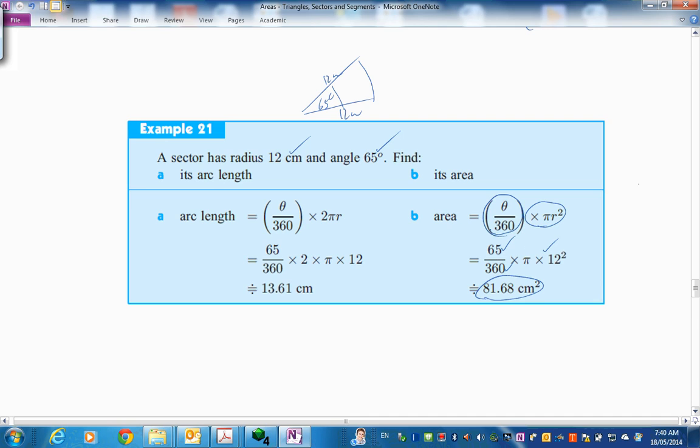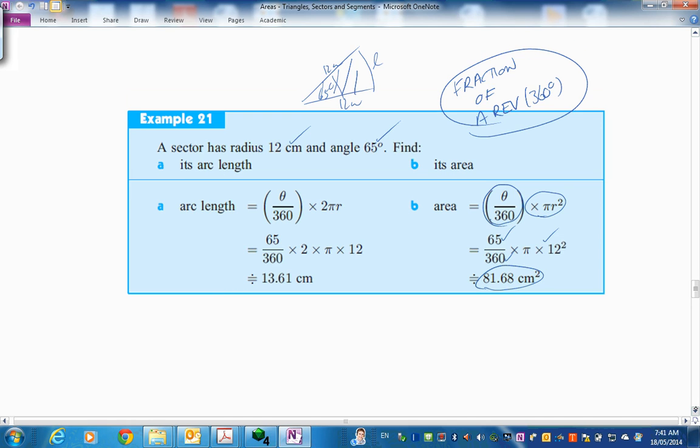So this fraction idea to get the arc length or the area is important. What fraction of a circle or of a revolution have I got? When we say revolution, you think of 360 degrees, so that's a good way of thinking about it. Okay, are you ready to have a go? Have a go at some down here.